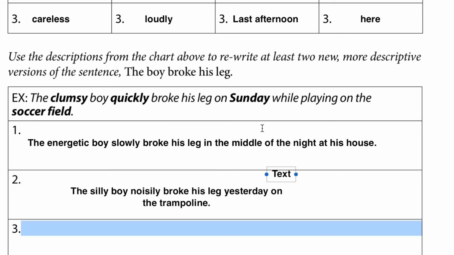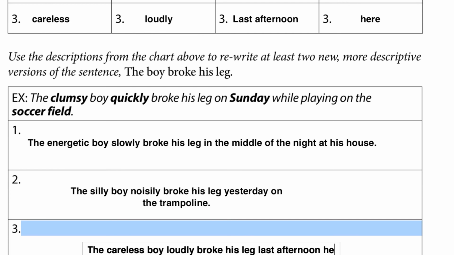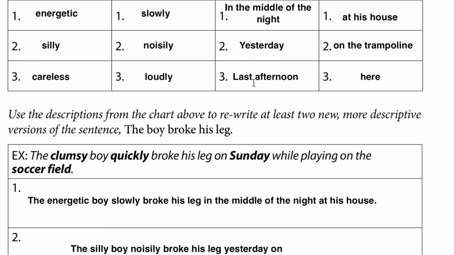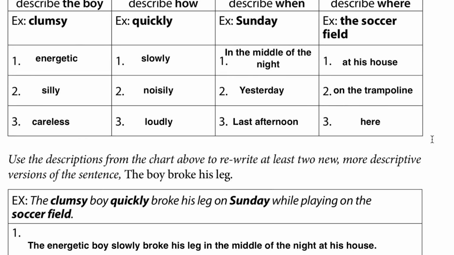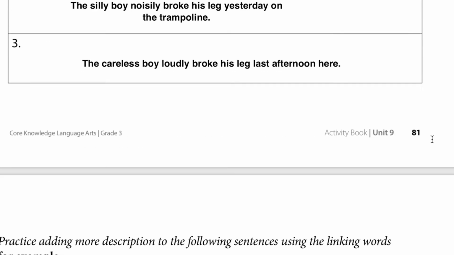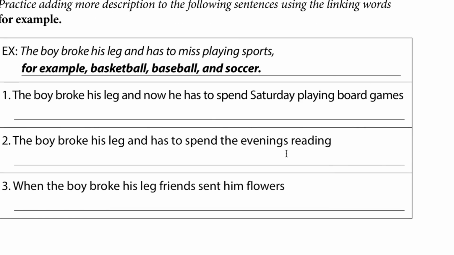The careless boy loudly broke his leg last afternoon here. Okay, those are all sentences that I took from my words right here. So hopefully these examples will help you do the rest of the activity page.